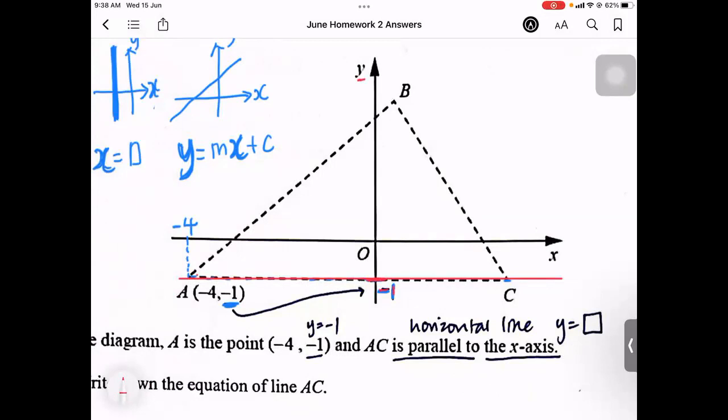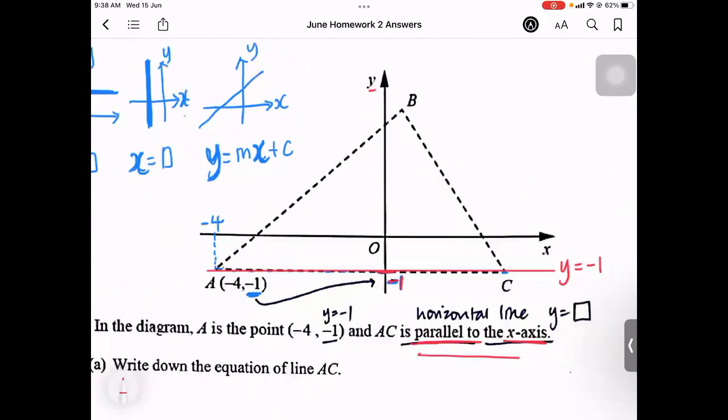Okay, so AC is parallel to the x-axis. Parallel to the x-axis means a horizontal line. Horizontal line, it cuts the y-axis at the number -1. So very obviously, this equation is going to be y equals to -1.